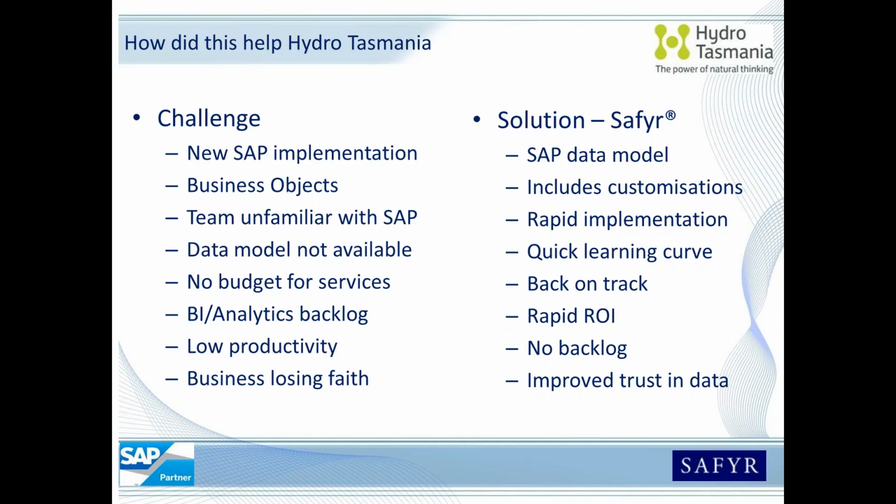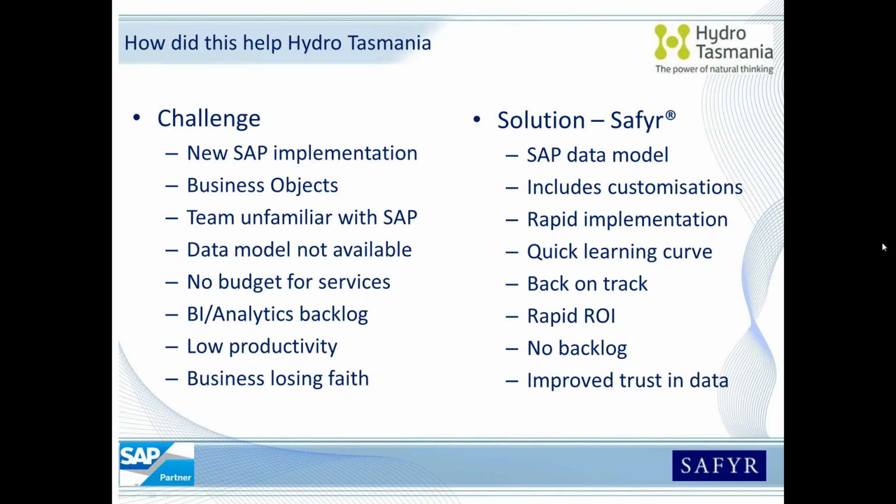Eventually, after some searching, they came across Safyr, and having had a quick demonstration and a proof of concept of the product, they implemented it. They got an SAP data model up and running within a couple of hours of implementing the product, which included all their customizations. It's a very fast product to learn. It's about a day's training. And very quickly, they brought the project back on track.